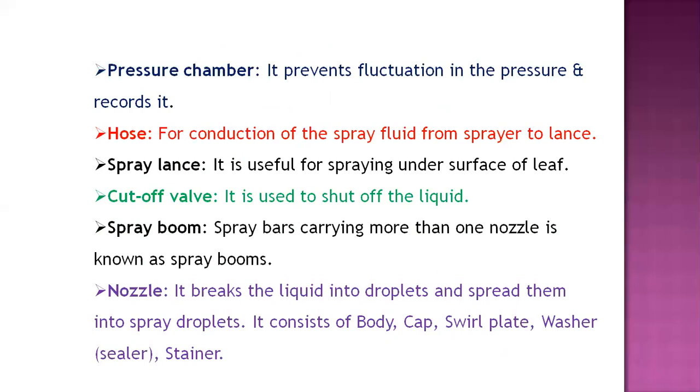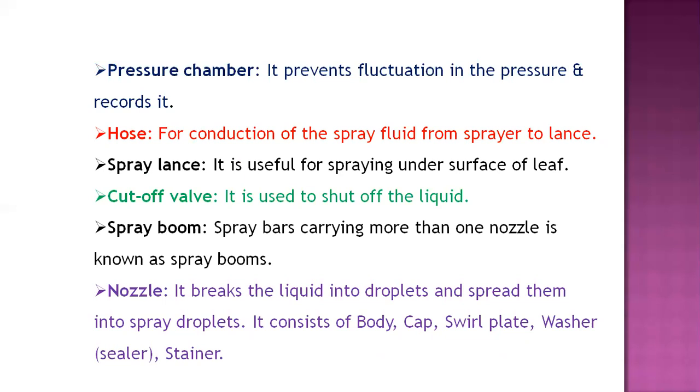Hose conducts the spray fluid from the sprayer to the lance. The spray lance is a useful part of spraying equipment for spraying under the surface of a leaf. If the chemical is not properly sprayed, the lance is very useful to easily reach under the surface of the leaf, to control pests or diseases.